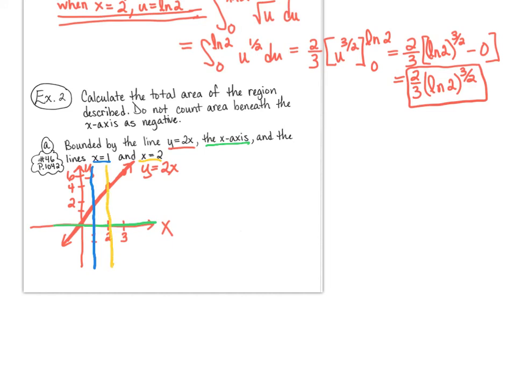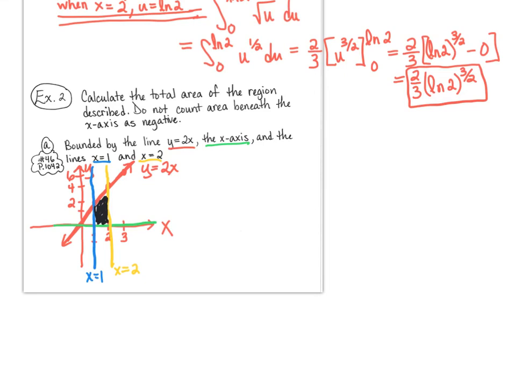Okay, so we want to find out what area this is, what the black area is. Again, that's x equals 1, and this is x equals 2.